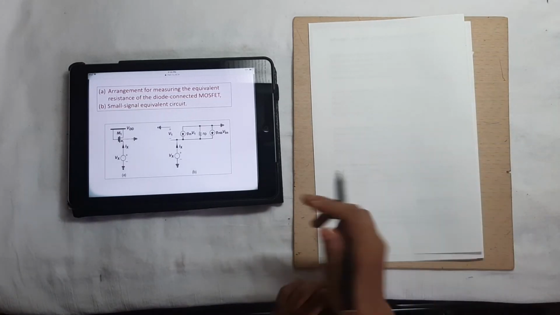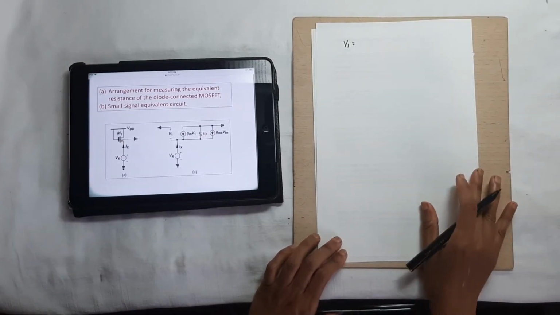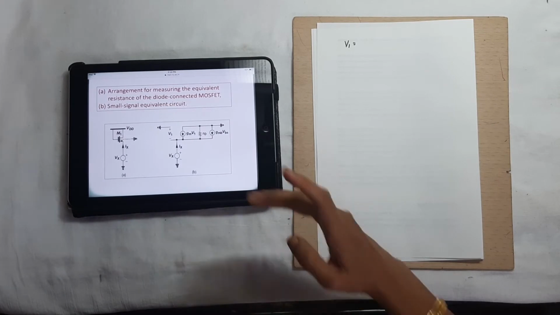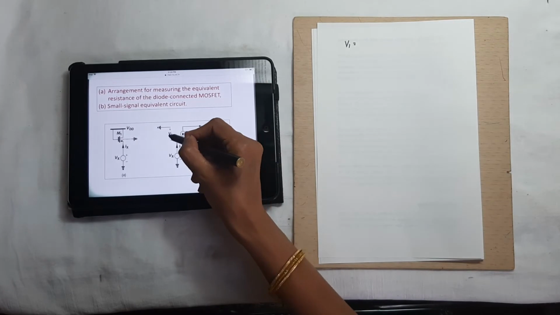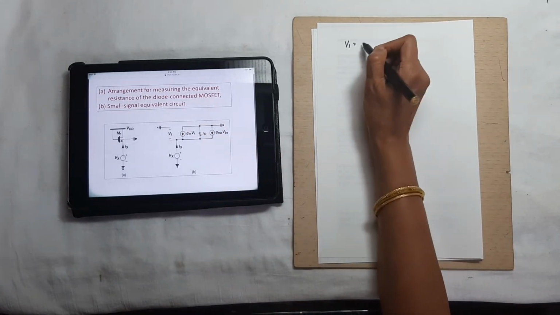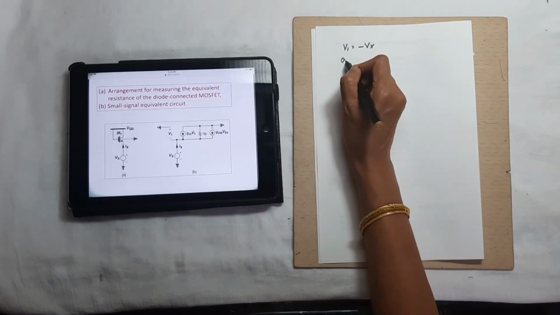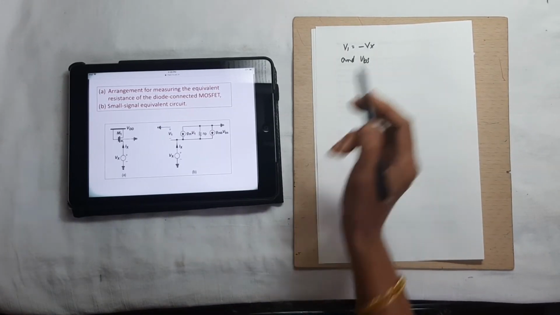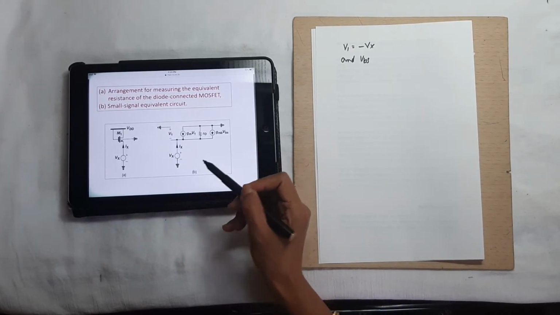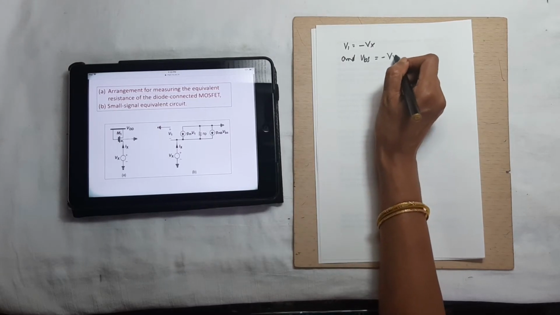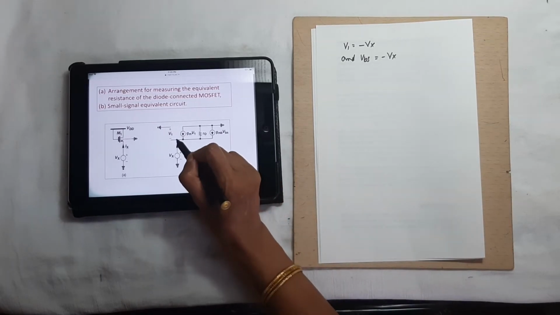From this figure, if you tilt Vx above, V1 is given as minus Vx. And VBS is in parallel with V1, so VBS is equal to minus Vx.